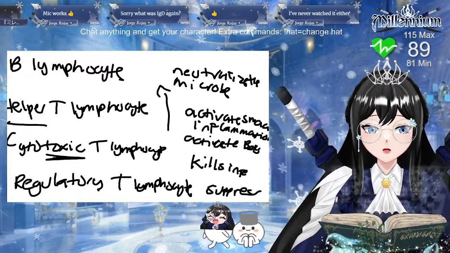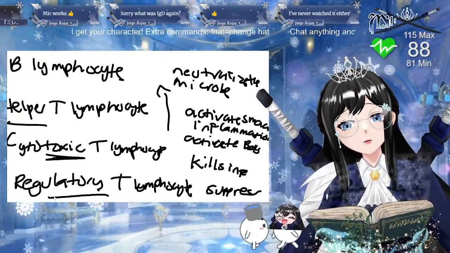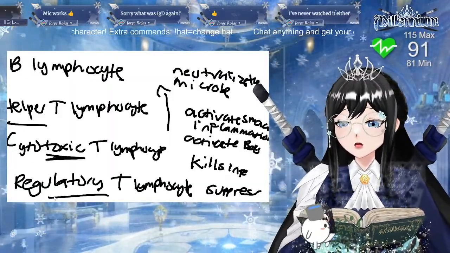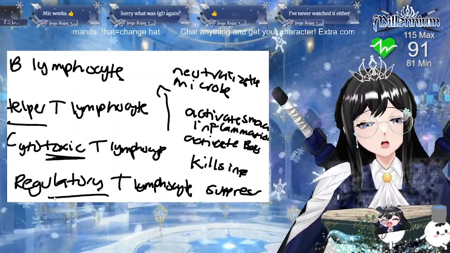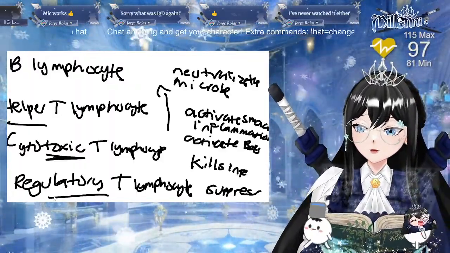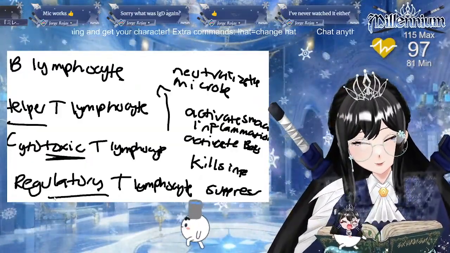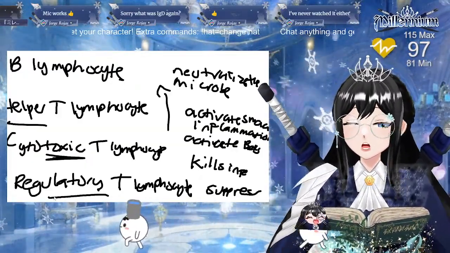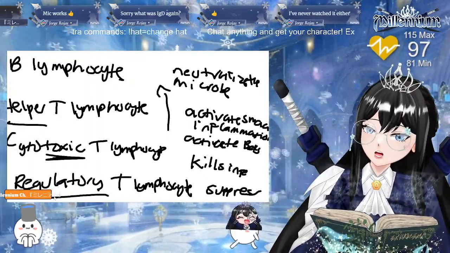That's why they're regulatory. So again, B cells, and we have 3 types of T cells right now. B cells would neutralize the microbe. Helper would activate the B cells, and it would activate the macrophages and inflammation. Cytotoxic kill the infected cells.